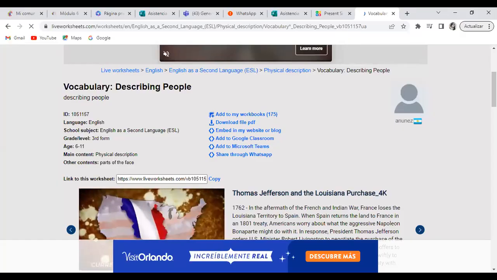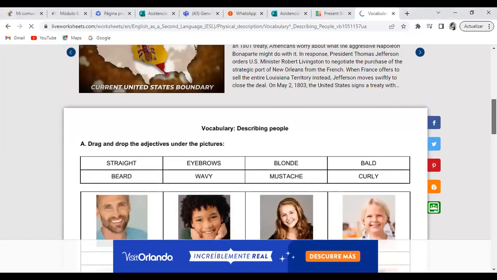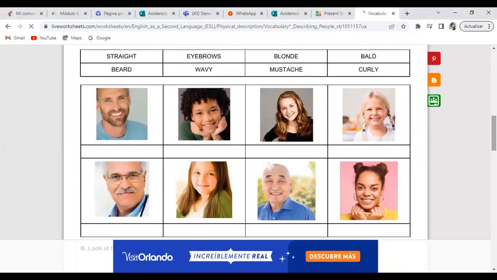This is the exercise. We are going to practice the vocabulary to describe a person in terms of physical appearance, because we can also describe a person in terms of personality, but in this case it is in terms of physical appearance.